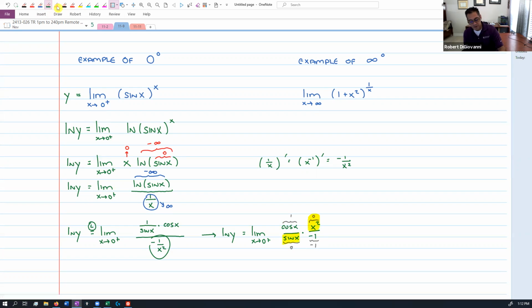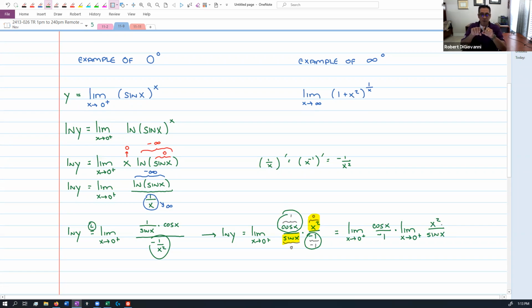So this is something you can do with limits: if you have pieces that are not affected by the limit, you can break this into two limits like this. I'm going to put the cosine x over -1, then times the limit as x goes to 0 from the right of x squared over sine x, like that.